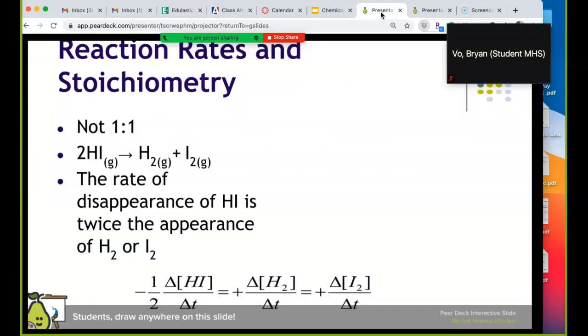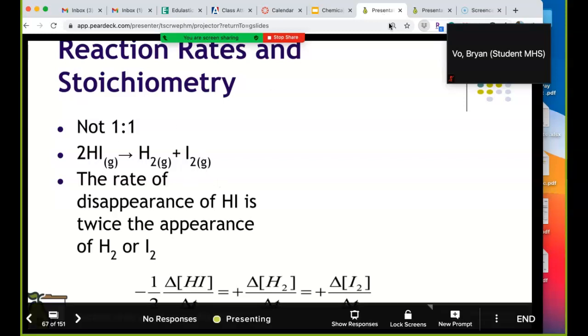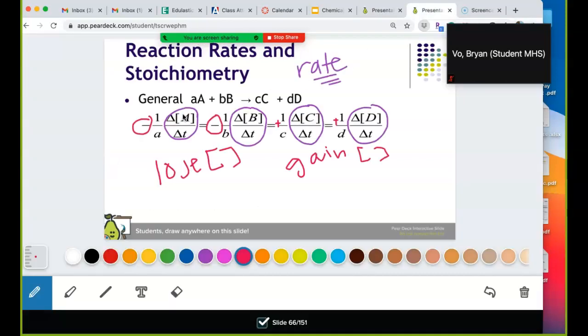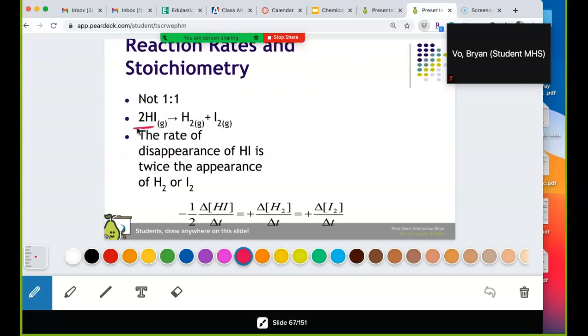So we have this reaction where HI is decomposing into H2 and I2. And then before we do the math part, I just want to look at this conceptually. So now instead of talking about these in terms of mole ratios, which we can, we're also going to talk about the stoichiometry, discussing rates. And what this means is that you will lose HI twice as fast as you gain H2.